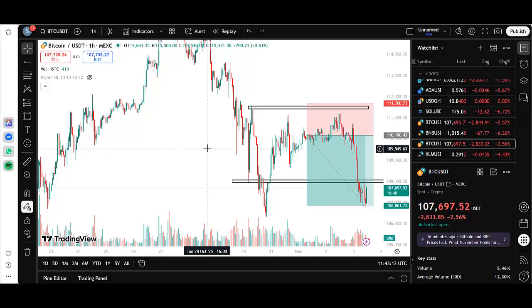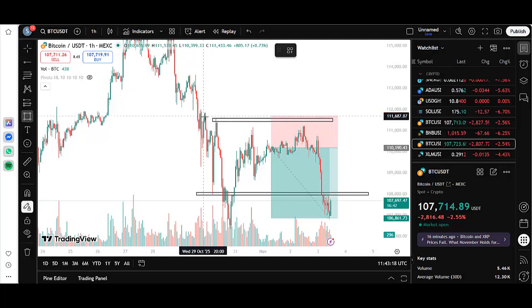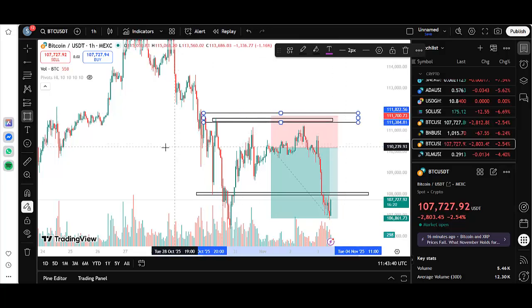You determine an area of supply by marking out the last green candle as the market's printed a large red candle. So right here, you realize that when this low got printed and the market went up, we had 2 large red candles, this and this. So the last green candle is this. So here obviously is our area of supply.